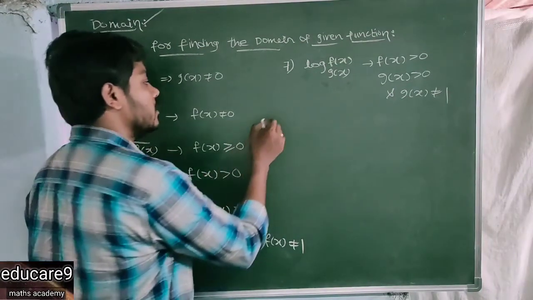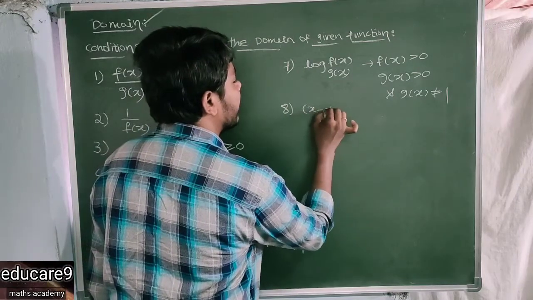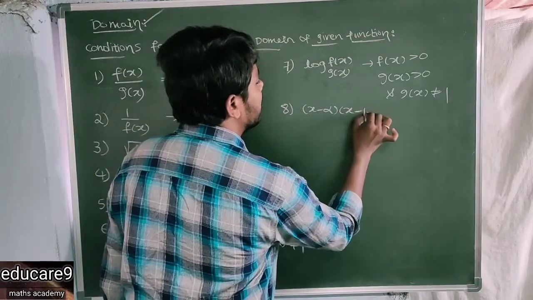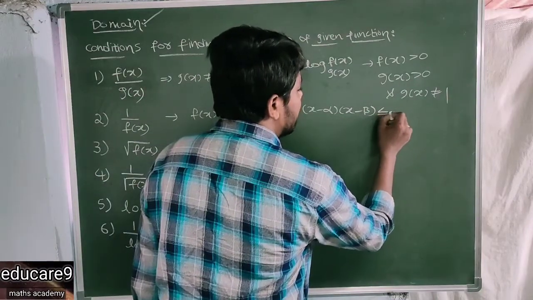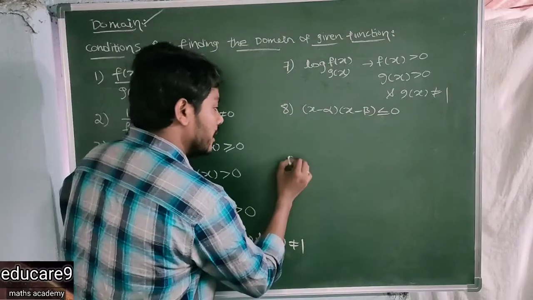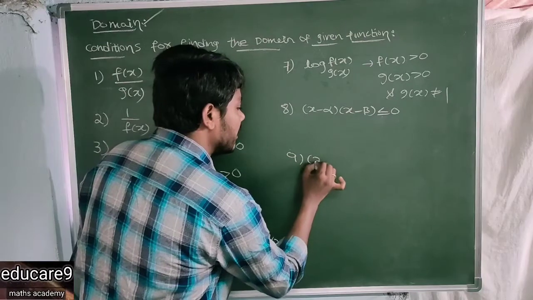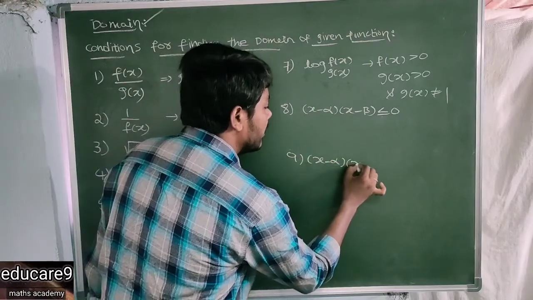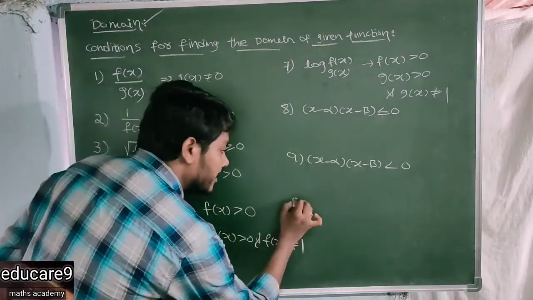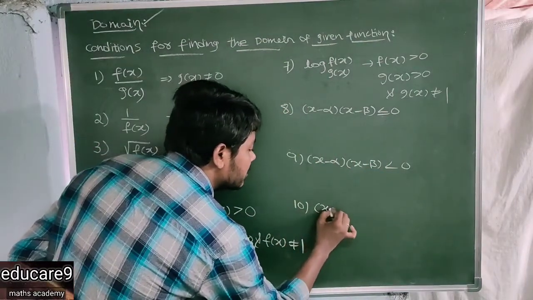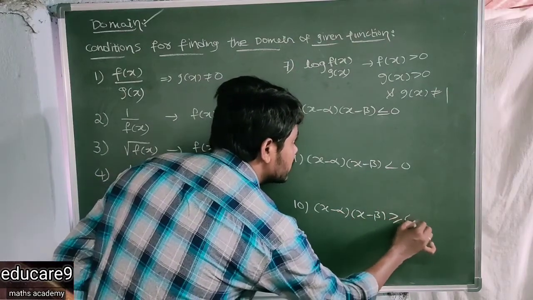And the eighth property, x minus alpha into x minus beta is less than or equal to 0. And the ninth property, x minus alpha into x minus beta is less than 0. And the 10th one, x minus alpha into x minus beta is greater than or equal to 0.